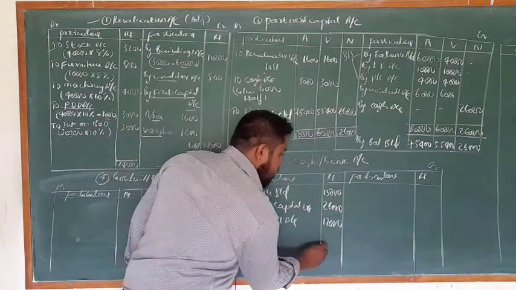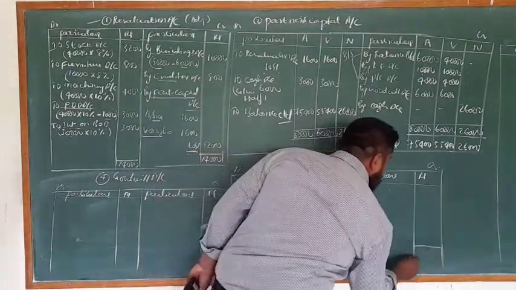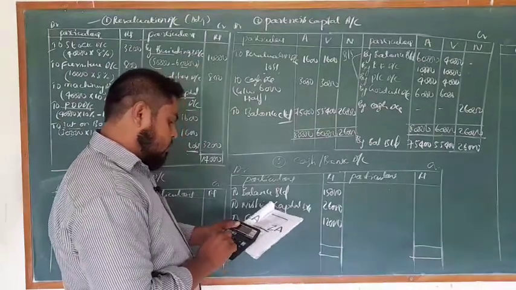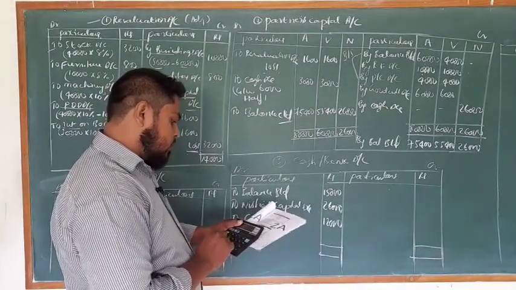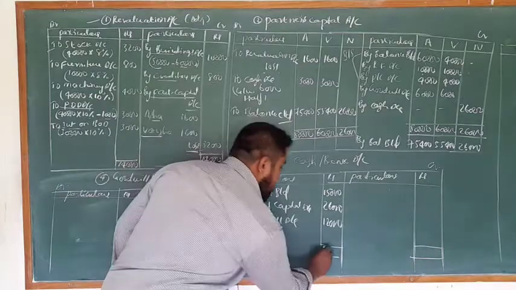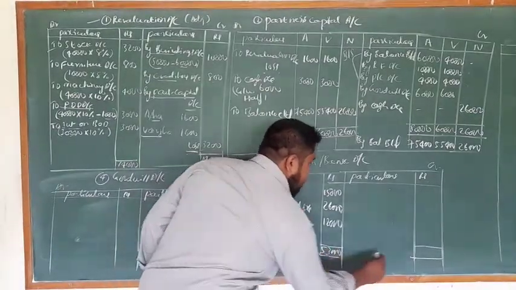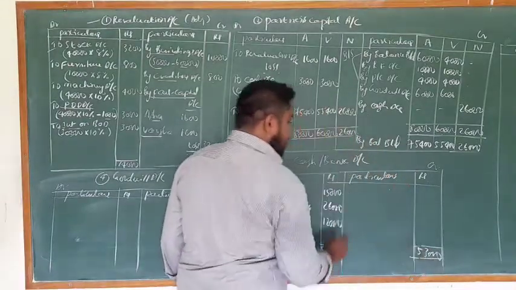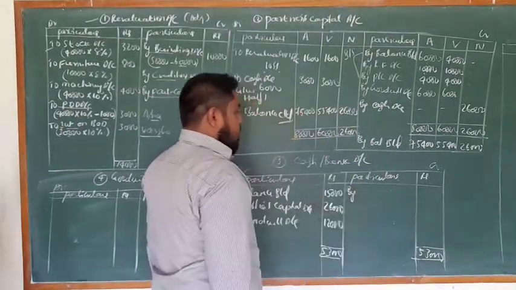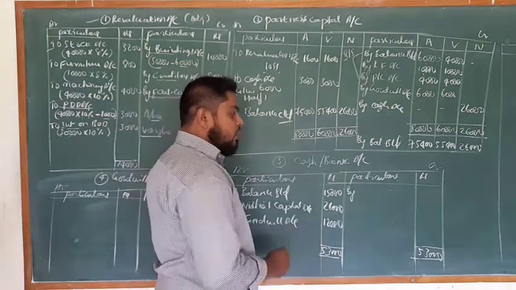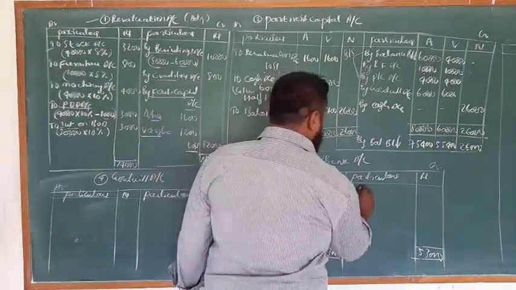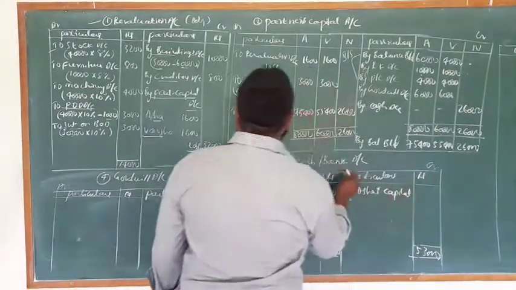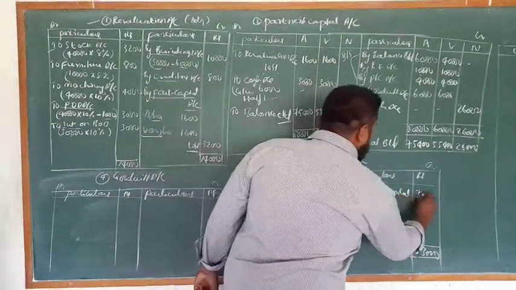Now total: 15,000, 26,000, 12,000, 53,000. So in that, the goodwill amount withdrawn by the old partners, that is Asha's capital account. So Asha has withdrawn rupees 3,000.